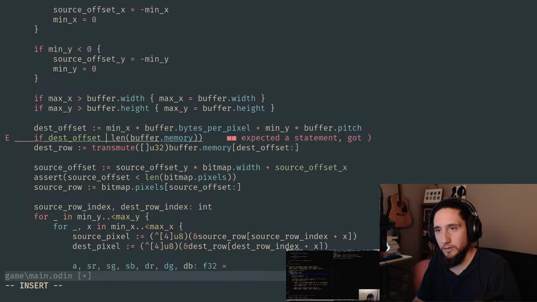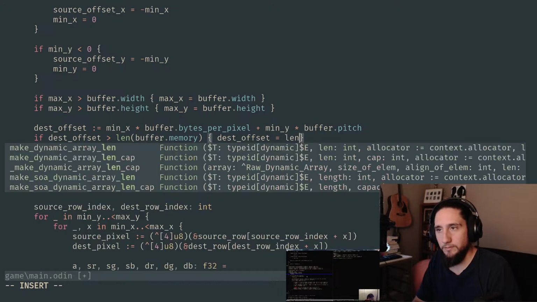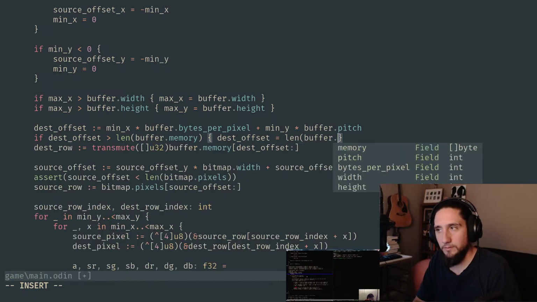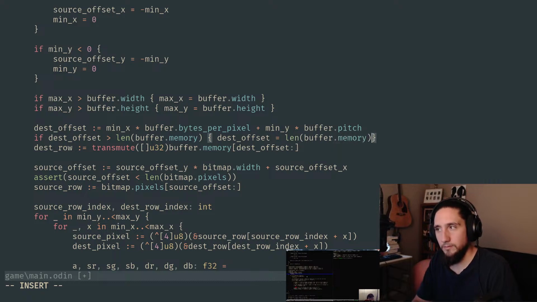Like so, right? Say if the destination offset is greater than this length, then you would say the destination offset is actually its length minus 1. Because this loop actually won't iterate.